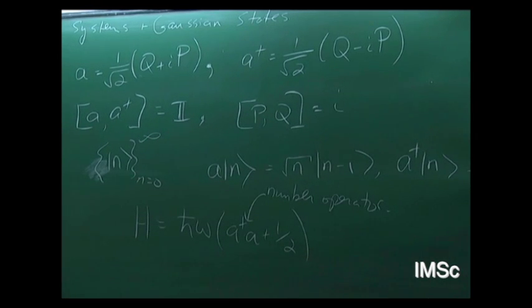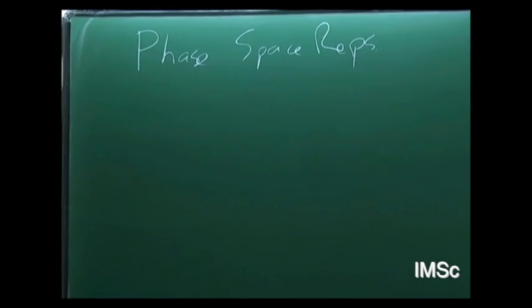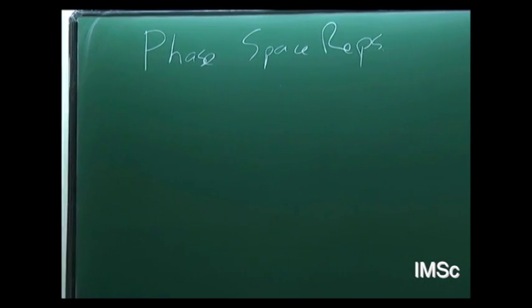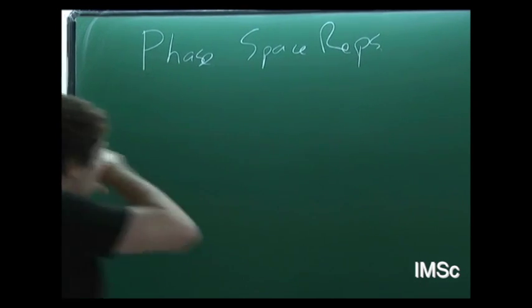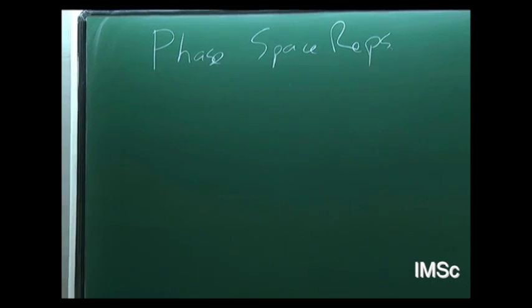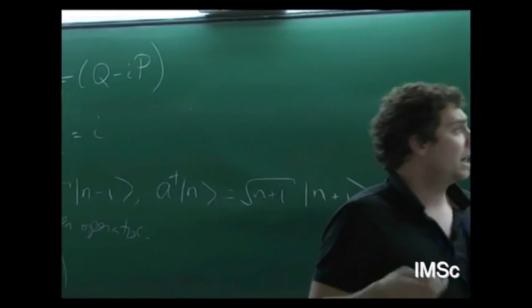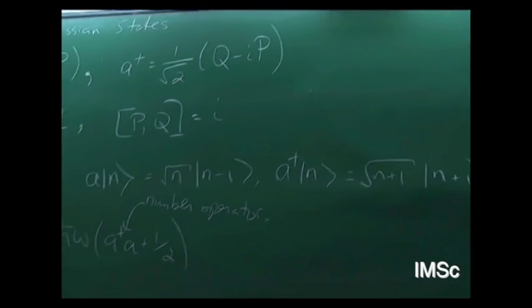Okay, so I want to tell you about phase space representations. So first, what we do is we're going to collect these P's and Q's. I'm going to talk about now multiple modes. So I have now a finite number of different bosonic modes, and we want to know how do we describe the quantum state of such a system.